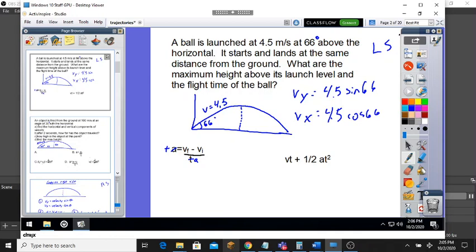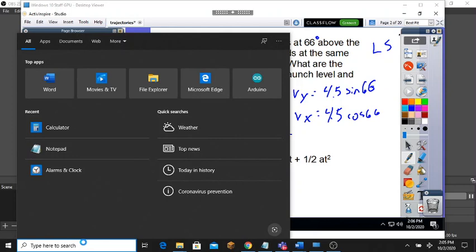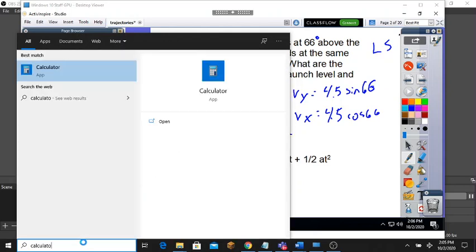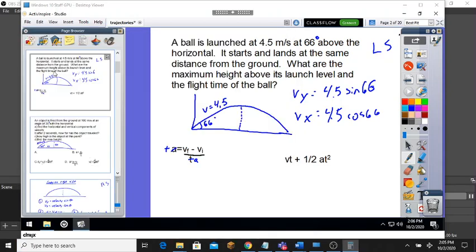Now this part should be pretty simple. Let me fix that 66 there. Okay, I think it came out worse, whatever. 66, okay? So when we bring up the calculator, on your laptop you can just type in calculator, and it gives you the calculator.